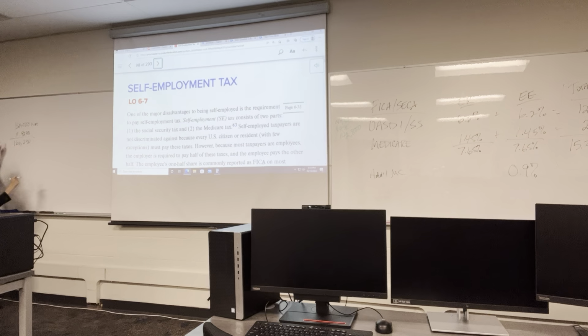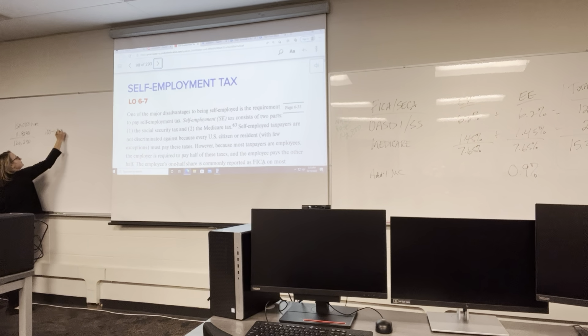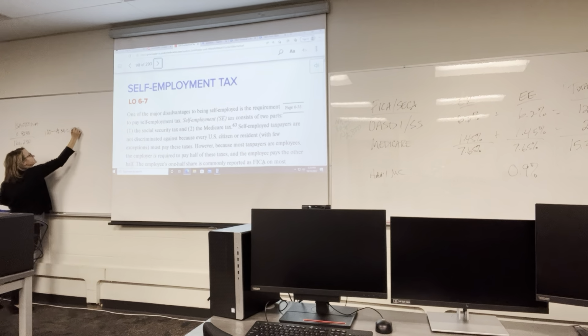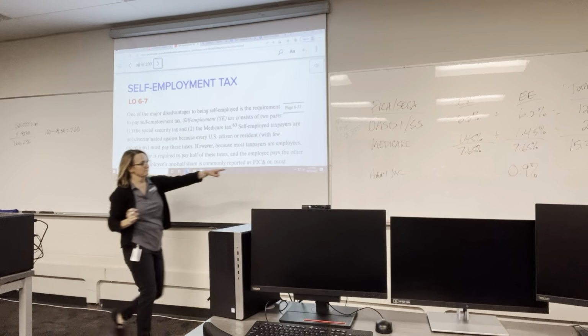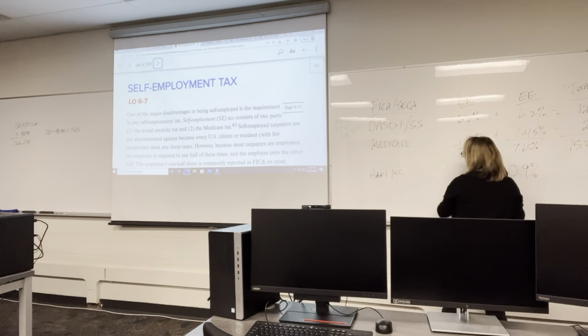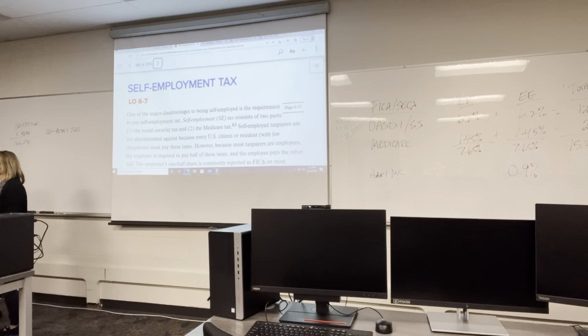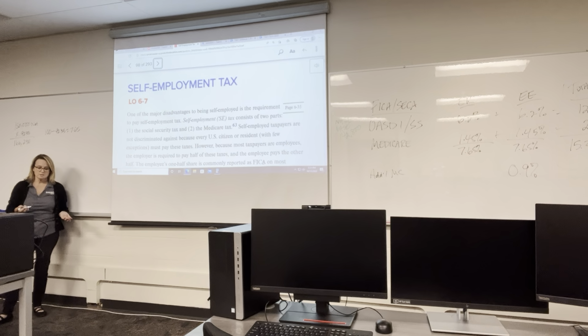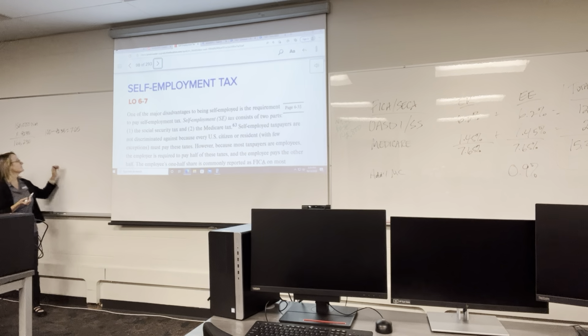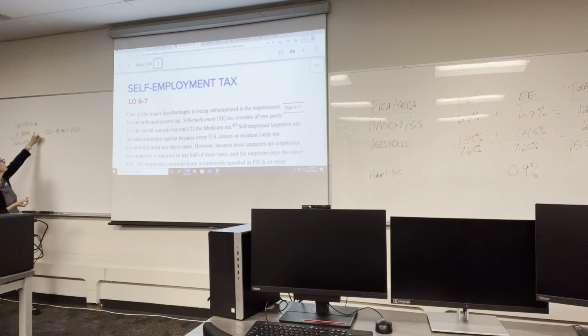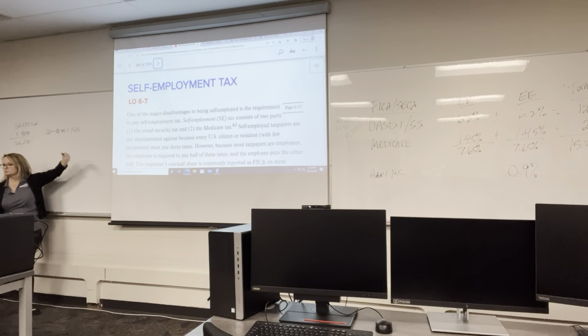This 0.9235 is a percentage. If you take 100 minus 92.35, you get 7.65. That's taking into account the one-half of self-employment tax that we get a deduction for on the Schedule 1. And we've got this reduction of 7.65%, which we apply before the self-employment tax.